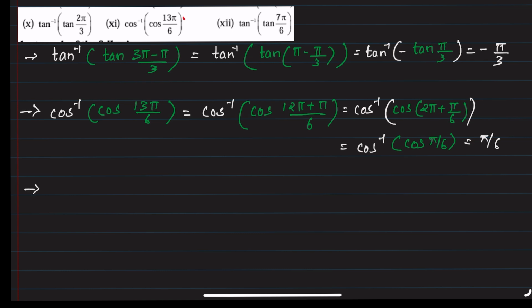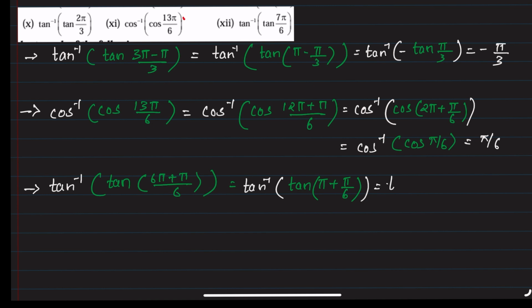Third, tan inverse tan 7 pi by 6. So tan inverse tan of 6 pi plus pi by 6, which is equal to tan inverse tan of pi plus pi by 6, which is tan inverse tan of pi plus theta.